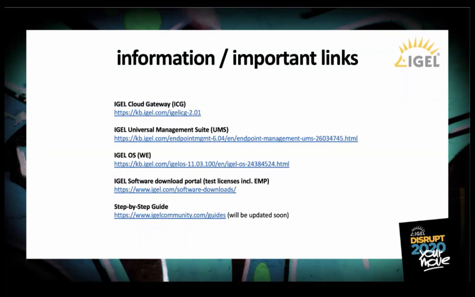Regarding the ICG, we thought about extracting the ICG part and making it a standalone. Also, in the current step-by-step guide, there is an explanation for the AWS installation, and the new one will at least include Azure, but I think we are talking about also including Google Cloud and making it more of a standalone version.